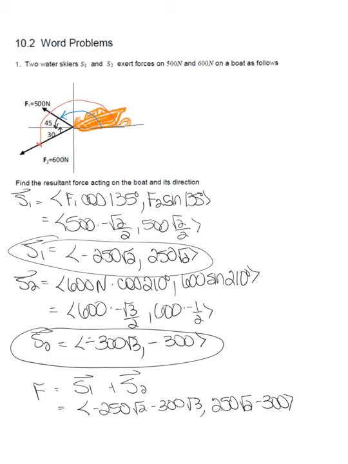And it's at this point that I would probably go ahead and calculate the decimals on these. Okay, so I get for this a negative 873.17 for the first component and a 53.55 for the second component.